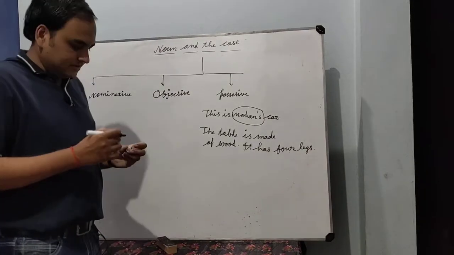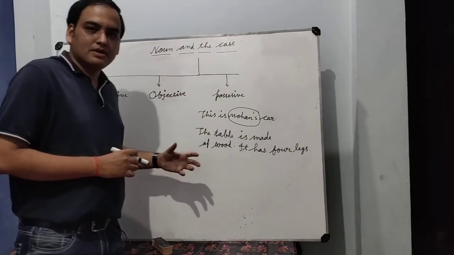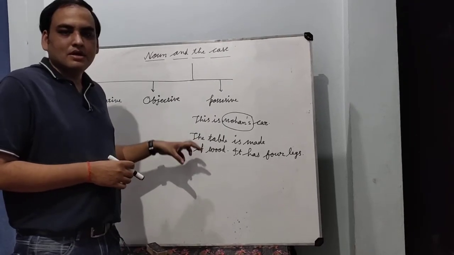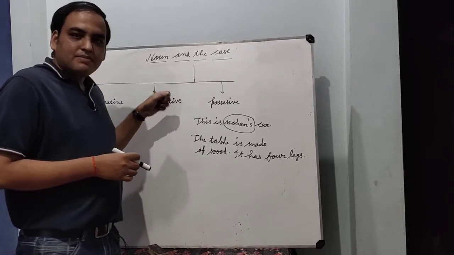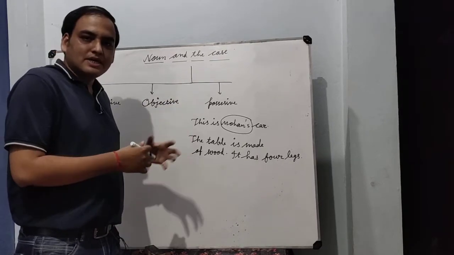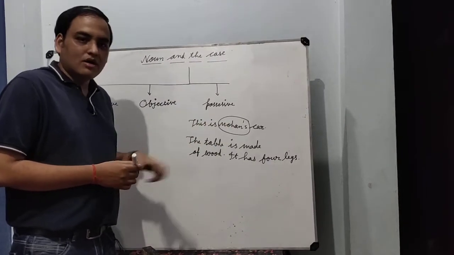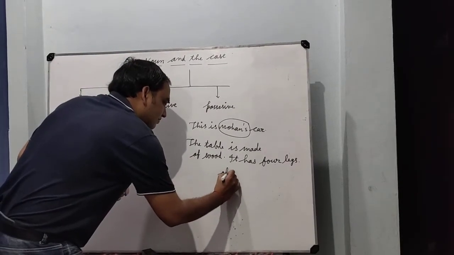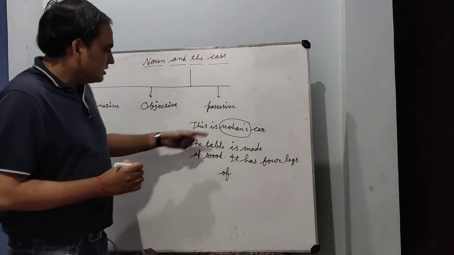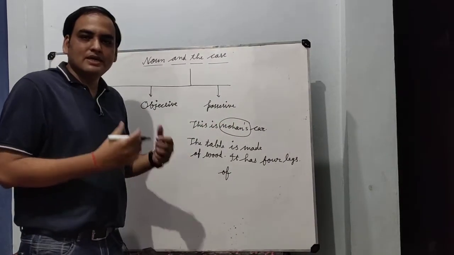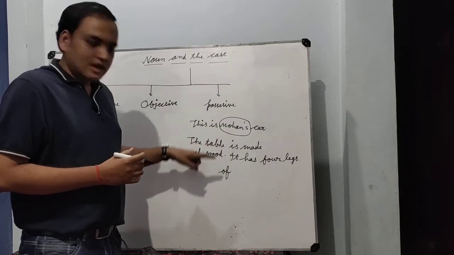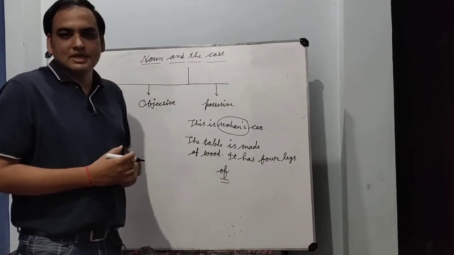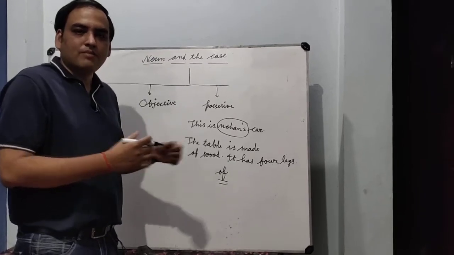Okay, so here is another example. In this example we can use possession. Possession is represented as an apostrophe, or the possession is shown by using the preposition of. So this possession with apostrophe basically represents living things, and of is used in the place of non-living things basically to make the possessive form of noun.